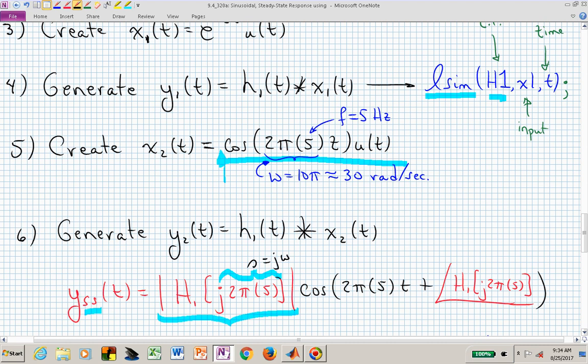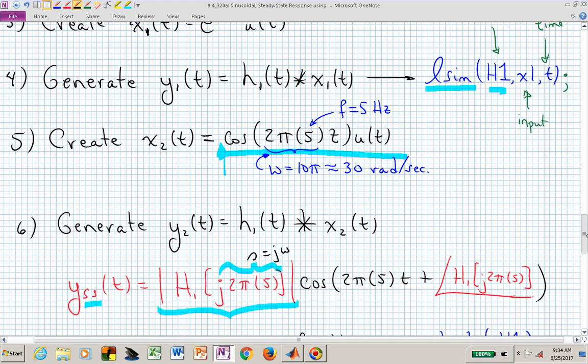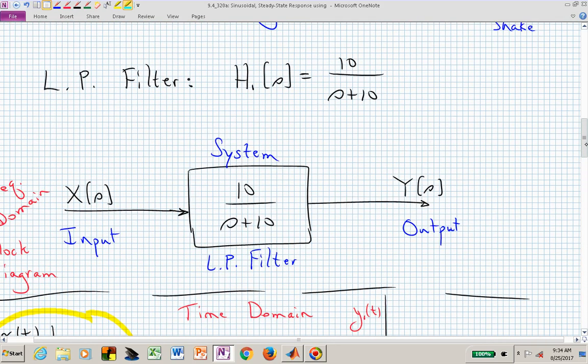That magnitude of our transfer function at that frequency changes the magnitude of our input waveform x sub 2 of t, and it also introduces a phase shift associated with the angle of the complex number that will result when we evaluate our transfer function. Again, we're going back to the transfer function and replacing s with approximately j30.